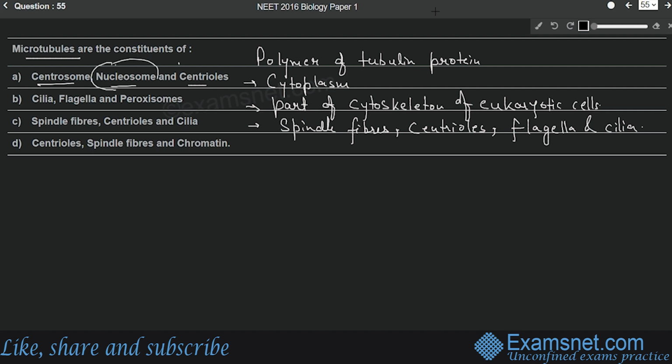So this cannot be the correct answer because these are found in the cytoplasm only. Second one has cilia, flagella and peroxisomes. These are not found in peroxisome, so this is also not correct. Third one is spindle fibers, centrioles and cilia. Yes, so microtubules are found in spindle fibers, centrioles and cilia, all of them. Okay. In the last one also we have chromatin, that is related to the DNA, and DNA is found in the nucleus. So this is also not possible. So the correct answer will be option number C.